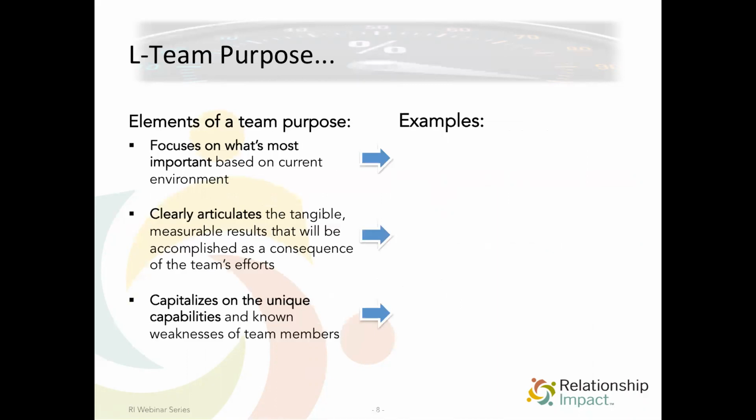Okay, so we believe there are 3 important elements of leadership team purpose. Number 1 is that the leadership team purpose should focus on what's most important based on the current environment at this current point in time. 2, the purpose should articulate the tangible, measurable results that will be accomplished as a consequence of the team's collective efforts.